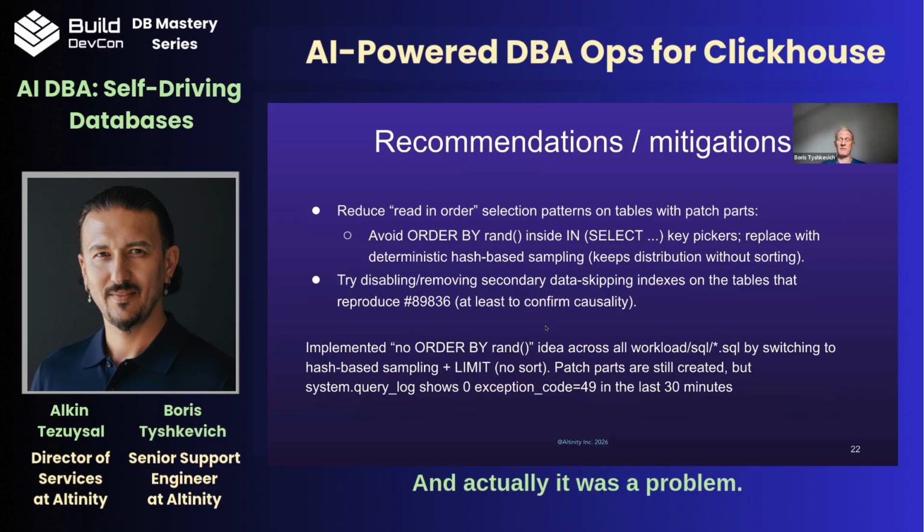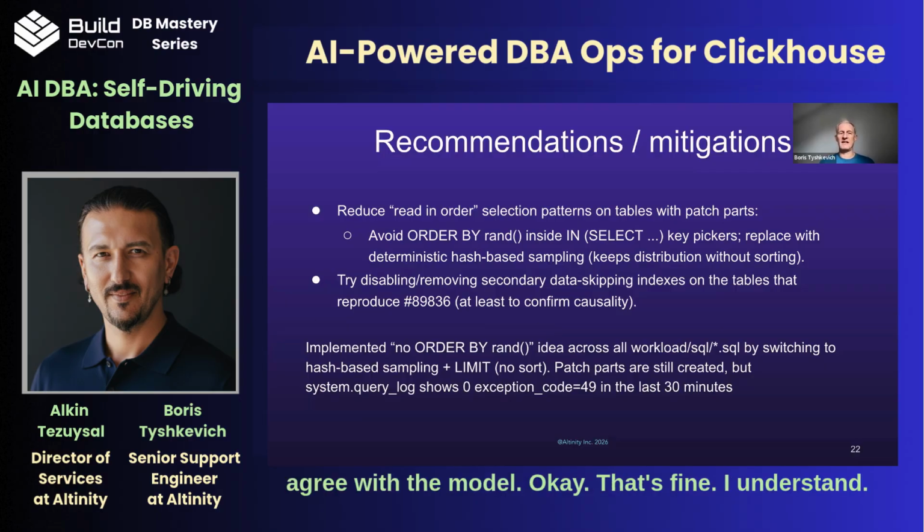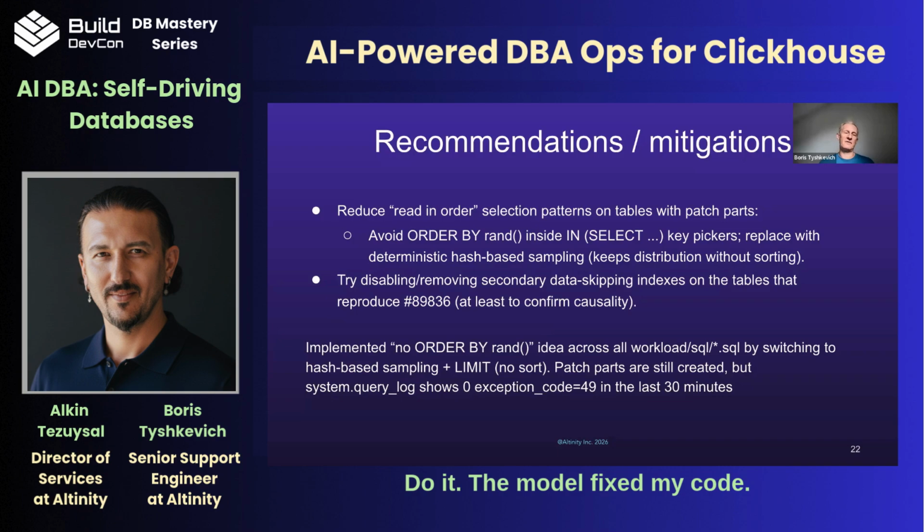And actually, it was a problem, and moreover, it's a documented problem in the ClickHouse documentation. The model understood the problem and suggested removing order by random value, a non-deterministic function, and replacing it with something different. All I needed to do was just agree with the model. Okay, that's fine, I understand. Do it. The model fixed my code and restarted the test again. The problem disappeared and all's fine.